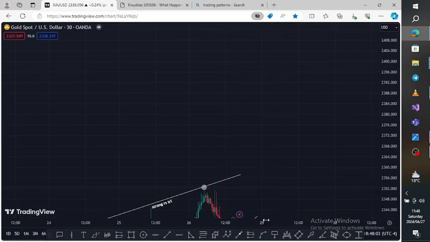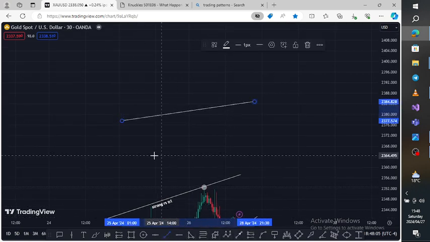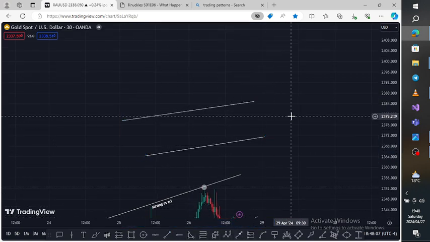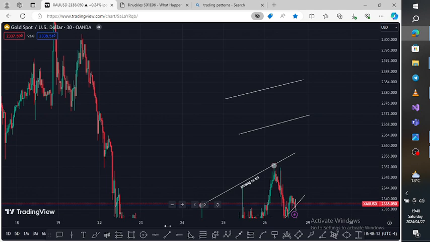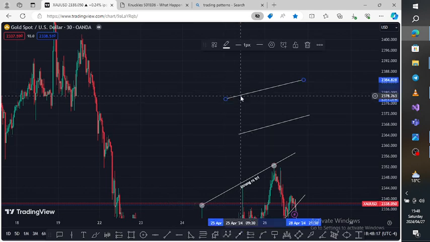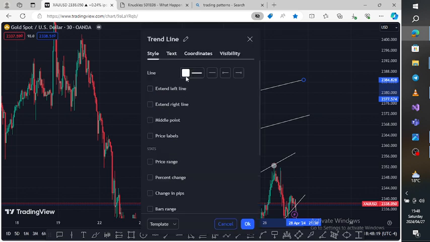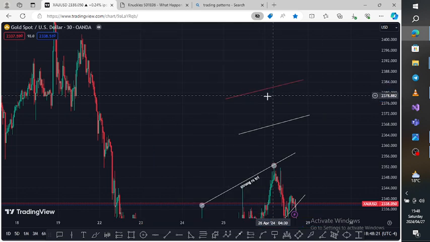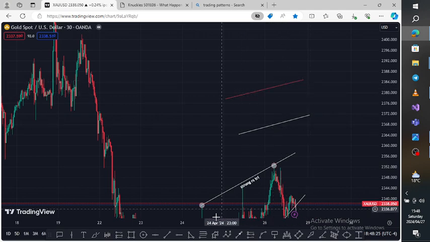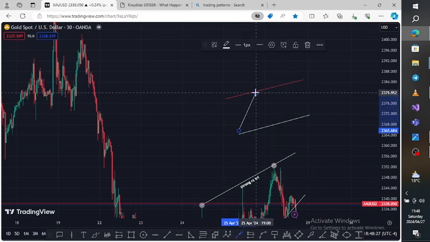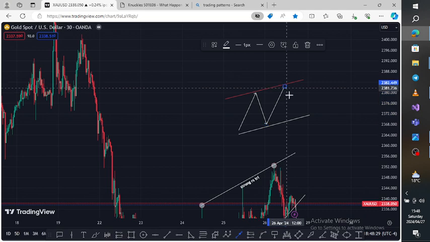In most cases, just to give you clarity, it's very important for you to draw both trend lines, a supporting and a resisting trend line. If you find that the supporting trend line is strong, the resisting is strong and this is weak, the price will give you something of this nature.